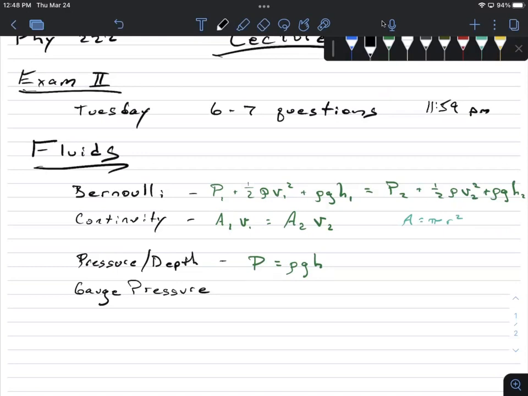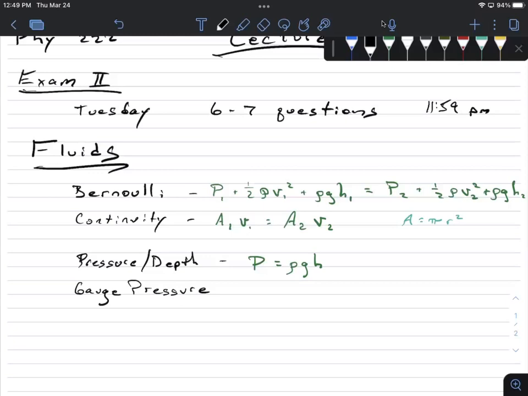Gauge pressure is exactly that. It is the fact that everything feels atmospheric pressure. Just being here on Earth, in the atmosphere of the Earth, we already have a fluid applying a pressure to us. That's the atmosphere. The air around us is pushing on us, creating a pressure on us. So everything already feels that pressure.